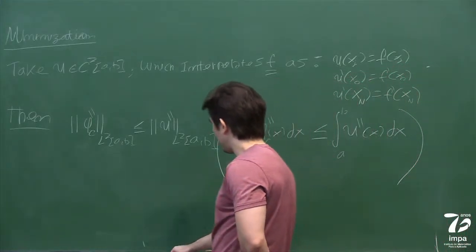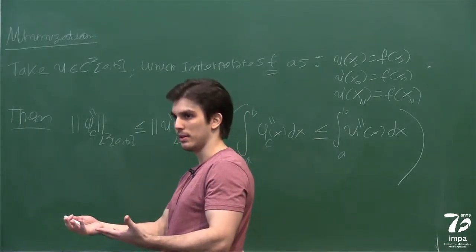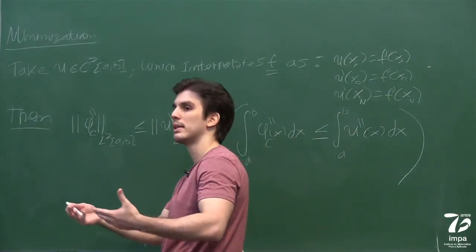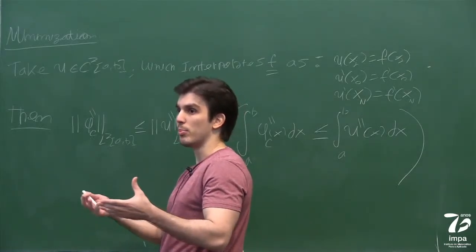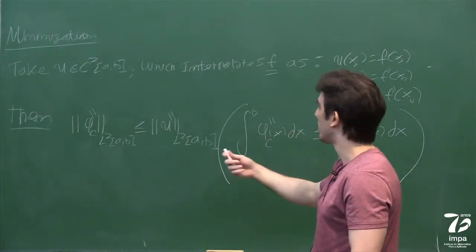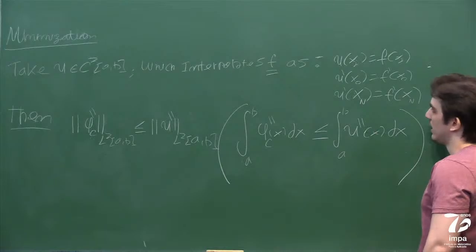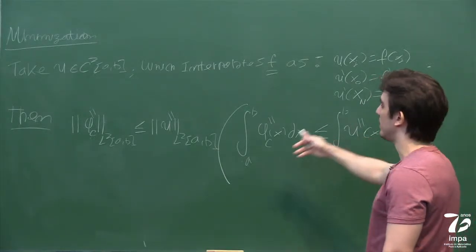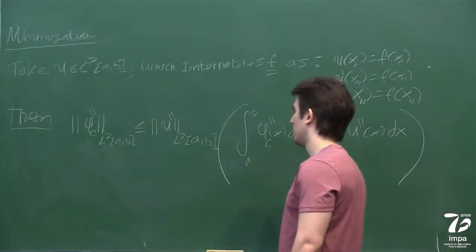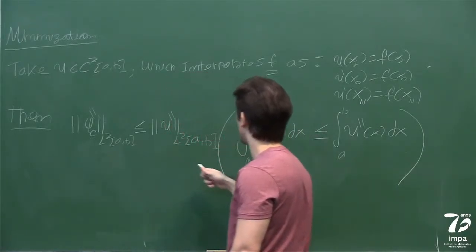The cubic spline interpolant is the minimal element of S delta. Remember S delta, the cubic splines, which interpolates f. Any other C2 function which may interpolate f is always greater in the L2 norm, always bigger than phi C in the L2 norm sense.